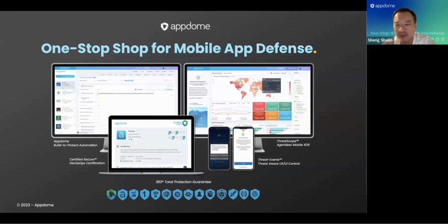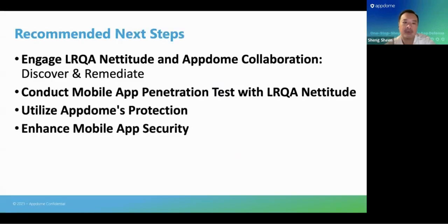So we have some really interesting data across the globe, across our customers, right? In this rapidly evolving threat landscape, Appdome serves as a vigilant guardian, empowering developers to fortify their mobile apps with confidence.